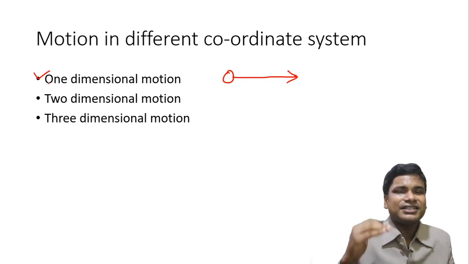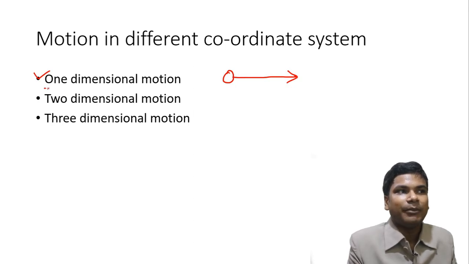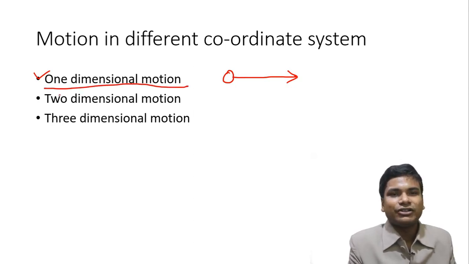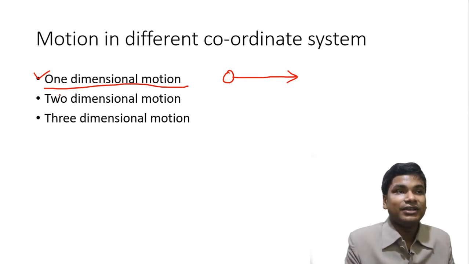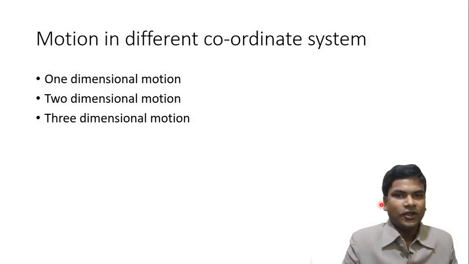In this chapter, we are focusing on this one-dimensional motion. This is our topic of discussion. So you see, from the beginning, I have mentioned motion in a straight line. That means motion in one dimension. So that was the introduction of this chapter.